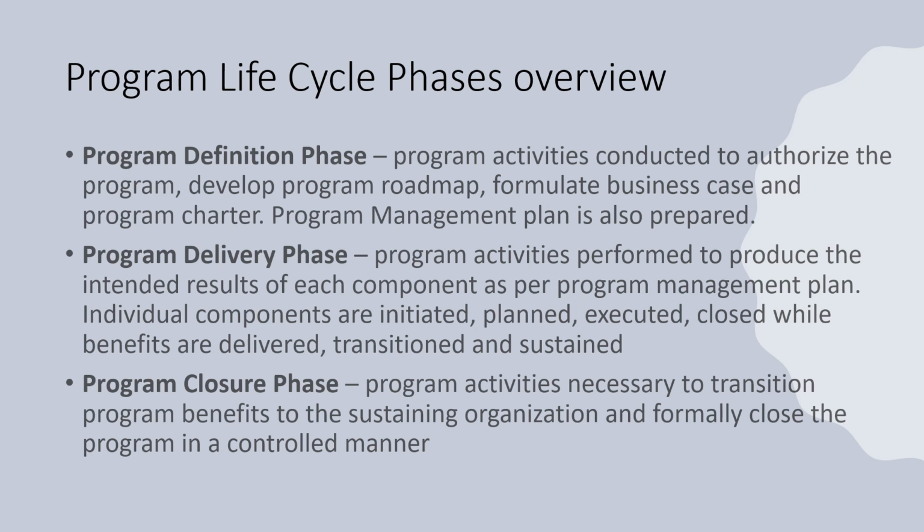In the delivery phase, the individual components are also initiated, planned, executed, and closed, while the benefits are delivered, transitioned, and sustained. The next thing is the program closure phase. The program activities necessary to transition the program benefits to the sustaining organization and formally close the program in a controlled manner.